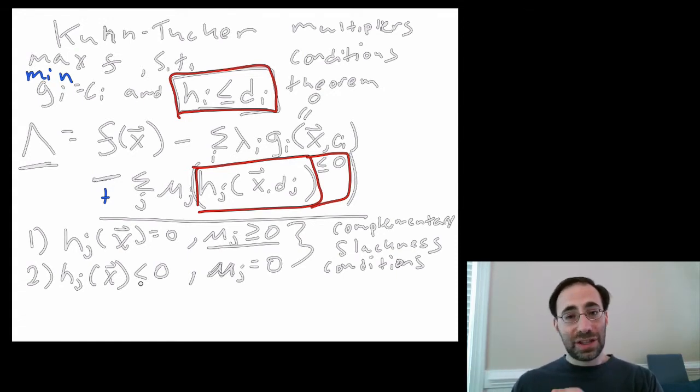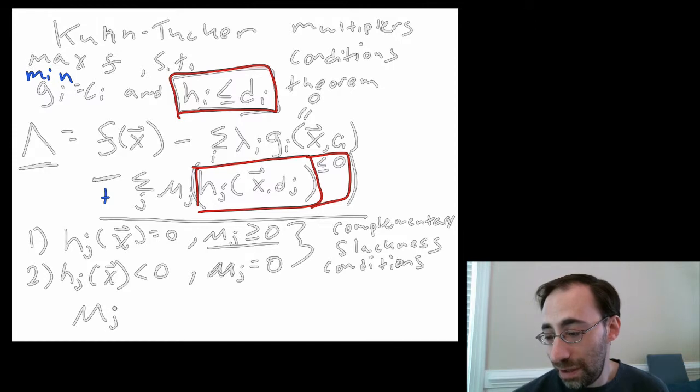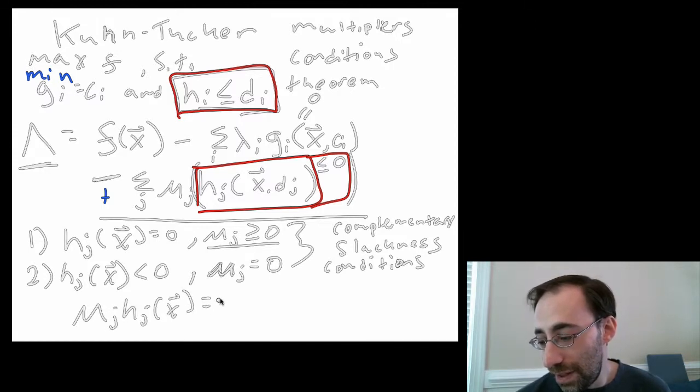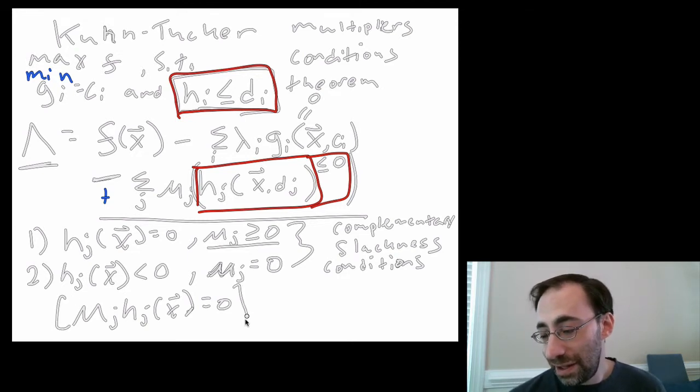Instead of differentiating with respect to mu's and adding those to the system of equations you get from differentiating with respect to the x's and the lambdas, you are going to list all the complementary slackness conditions. There's a nice way of writing those together: for every inequality constraint you have, you must set mu times h equal to 0. That guarantees that either h is 0 or mu is 0. So for every single constraint you have, you're going to add this one.